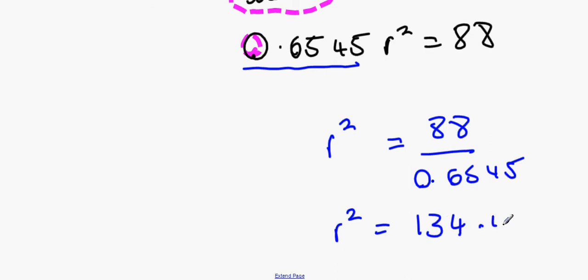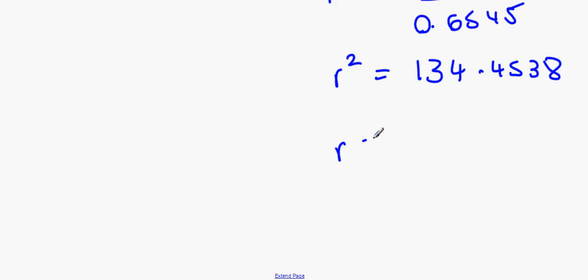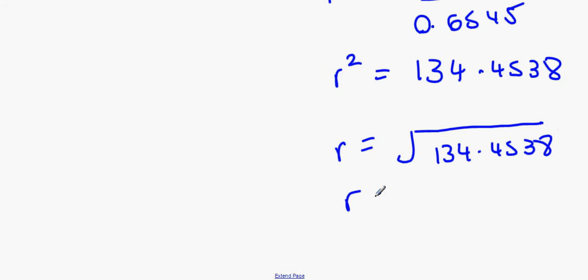Next thing we need to do is find out what number multiplied by itself gives you 134.4538. So you just square root it, and what r will equal then is 11.595. We need to give the answer to two decimal places, so it wants 11.6.